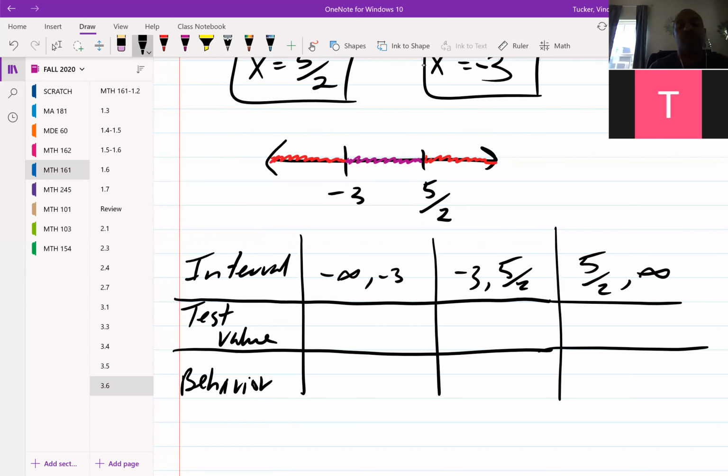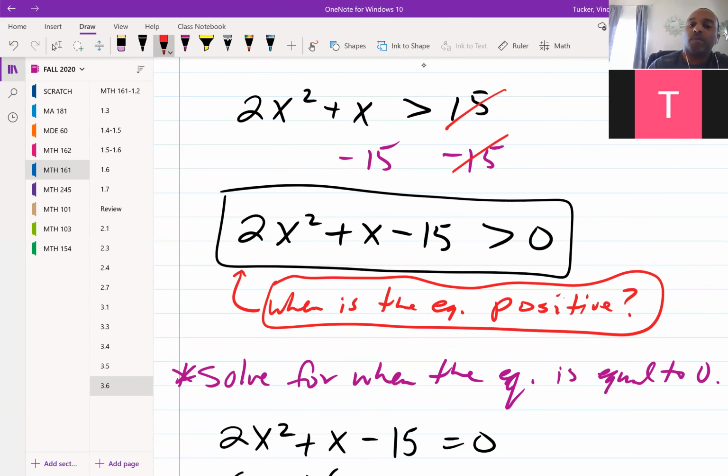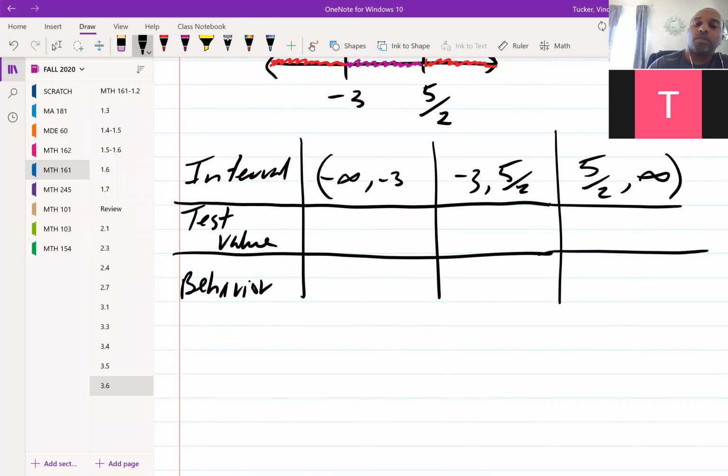Now, don't forget your interval notation. Infinities will always get parentheses, and your greater than symbol will always be parentheses as well. Remember, it's greater than or equal to that will get a bracket. So, we could put parentheses on them all.